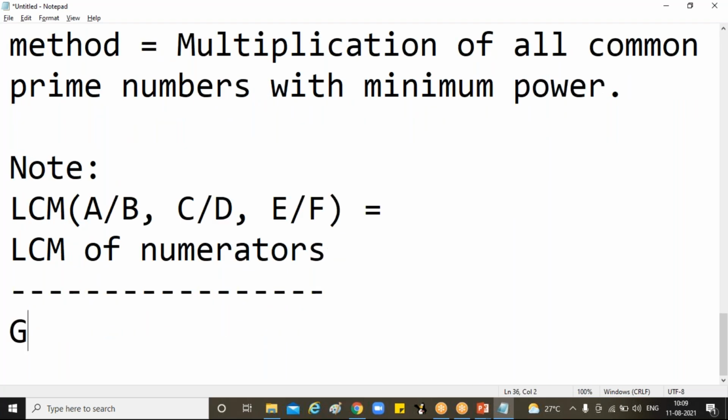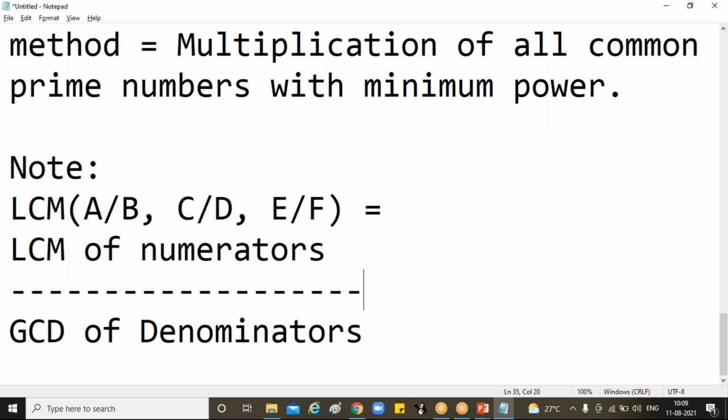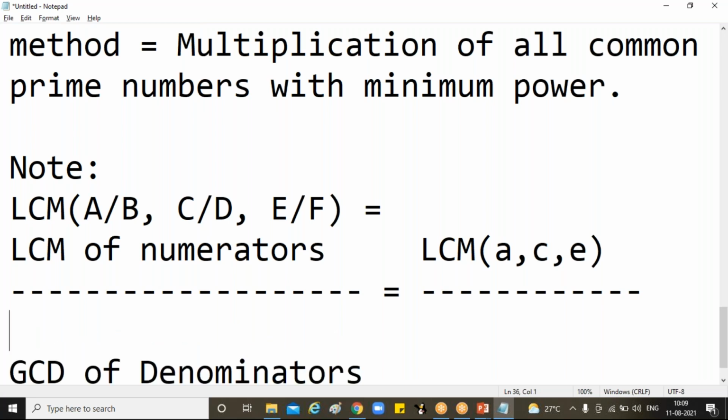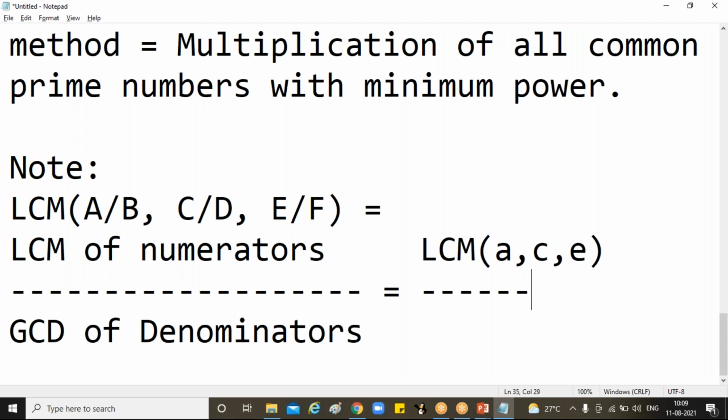LCM of the numerators by the GCD of denominators.